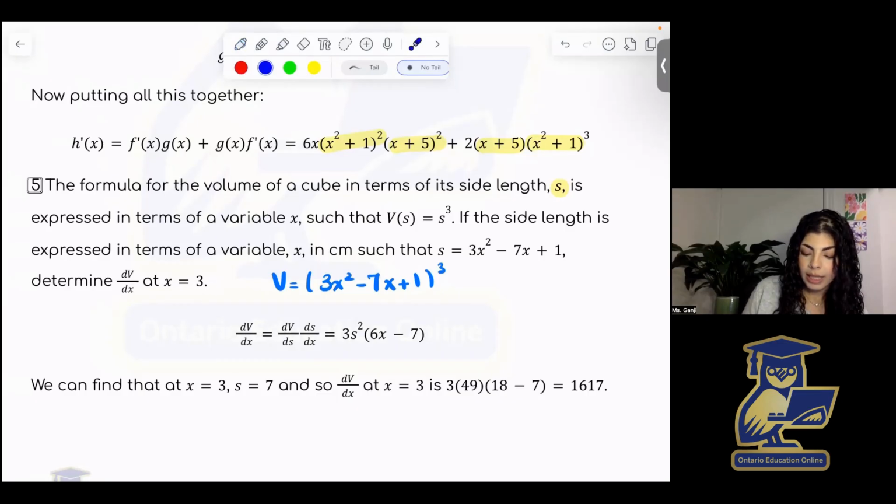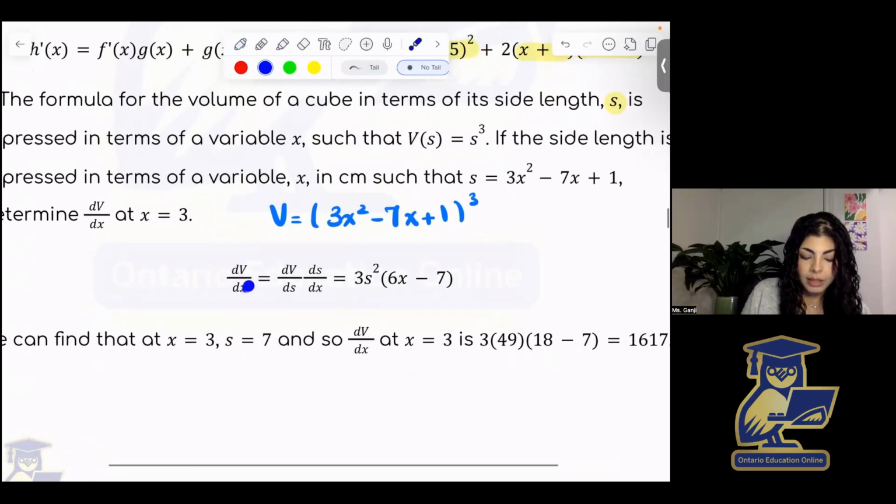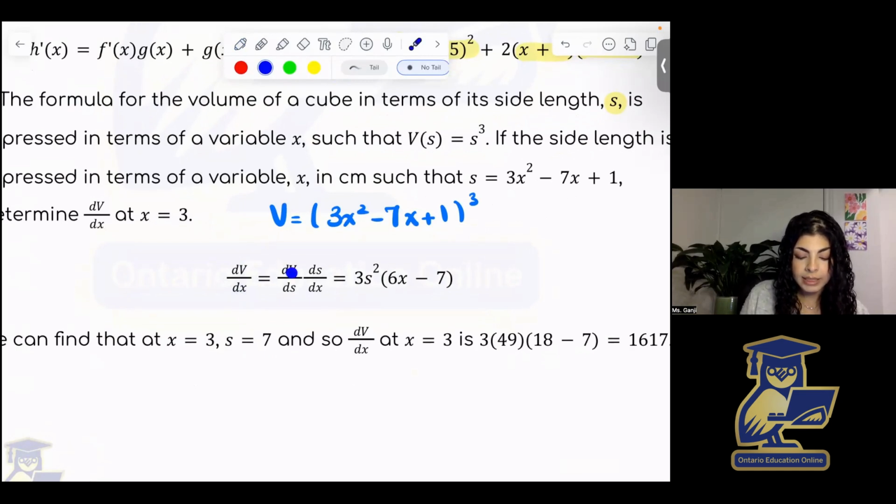And one last detail, we're asked to find the derivative of the volume with respect to x at x equal to 3. So using chain rule, dV/dx is given by dV/dS, because V has an input variable of S, and then dS/dx because S has an input variable of x.